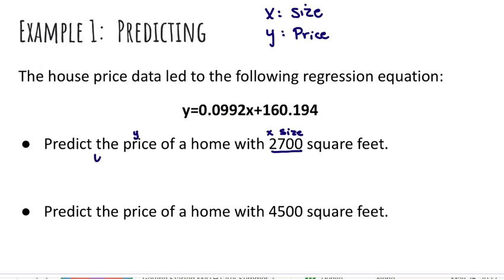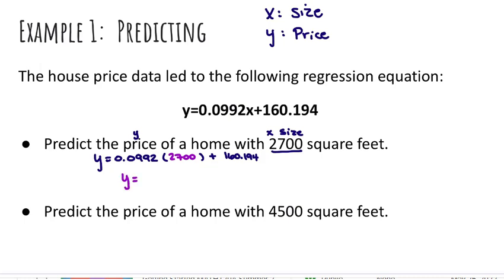So I'm going to start with the equation, y equals 0.0992x plus 160.194. Instead of x, I'm going to fill in the value they're saying x is. If I sub in 2,700 for x, we can calculate a y.